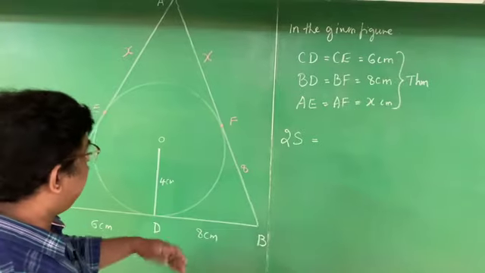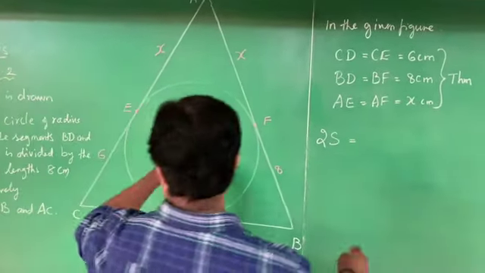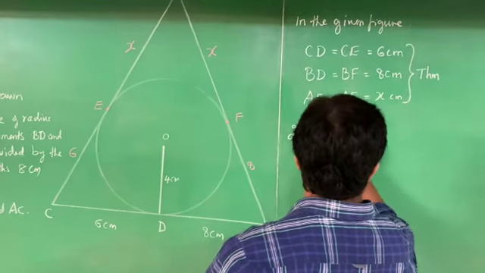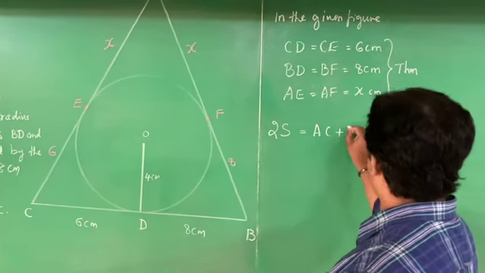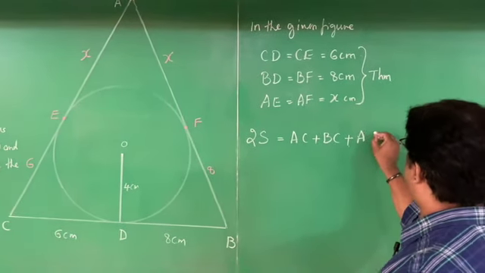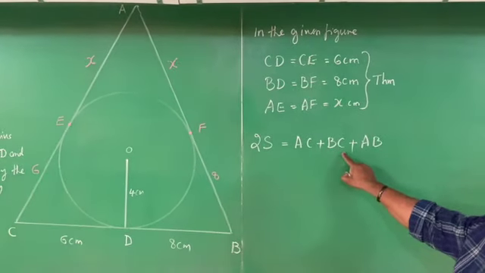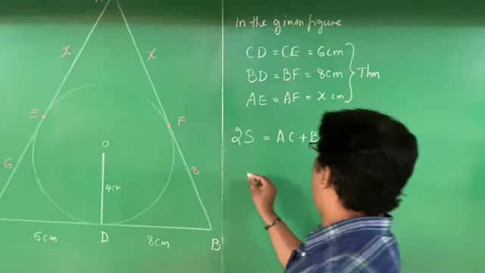Here I write 2s is equal to, first I write AC plus BC plus AB. Sides. AC is a side, BC is a side, AB is a side.